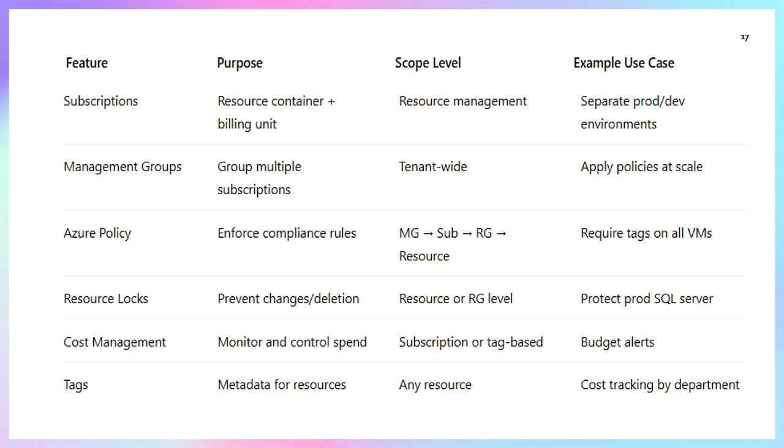Now tags. A tag is metadata of the resources, used for any resource and for cost tracking by department. As I explained, if you have the same items and you apply tags over them, you can easily identify them even though all the boxes are the same size and wrapped in non-transparent paper.